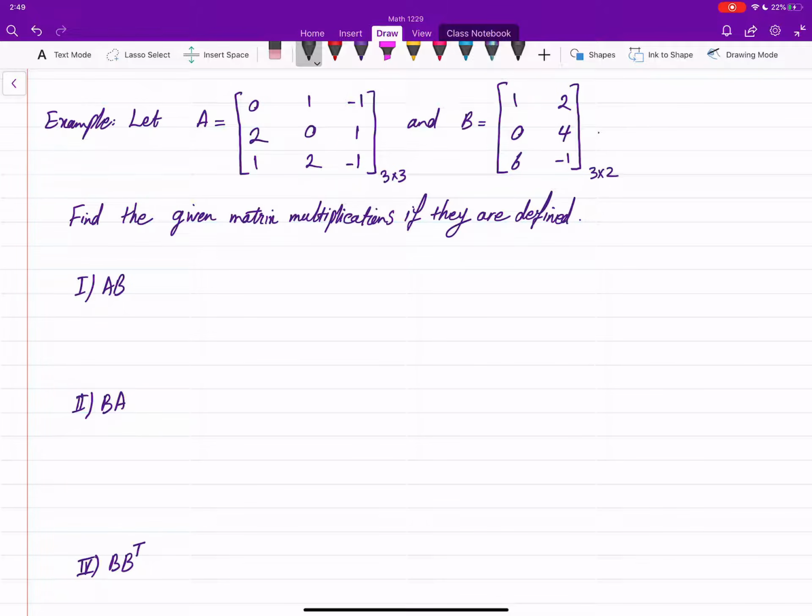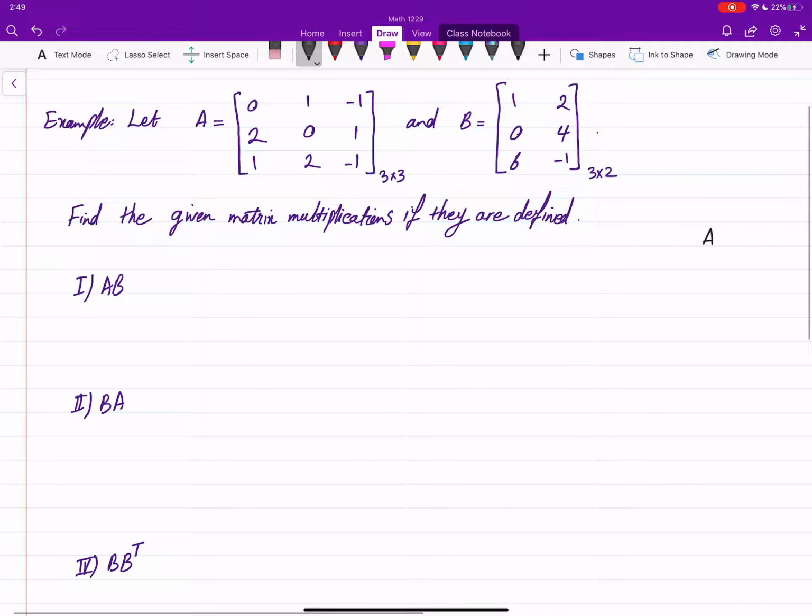Means what? To check if matrix multiplication is defined, we do the compatibility. This is 3 by 3 and this is 3 by 2. The number of columns of the first one and the number of rows of the second one are the same. In other words, the closer indices down there are the same.